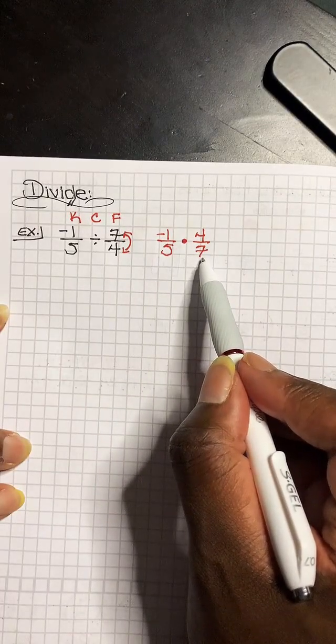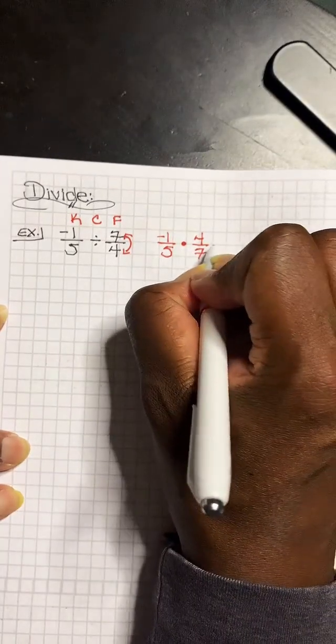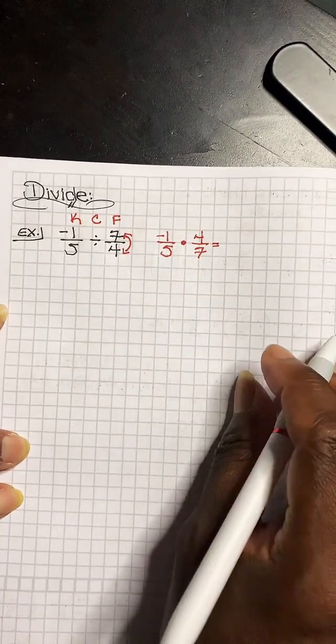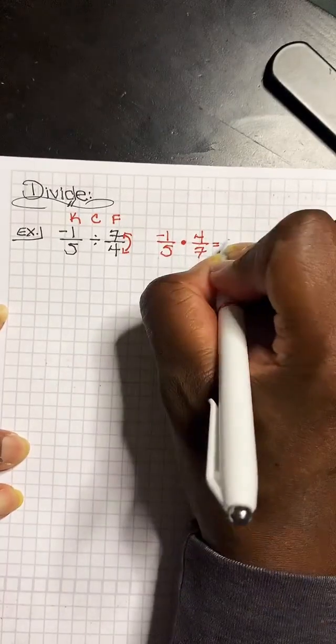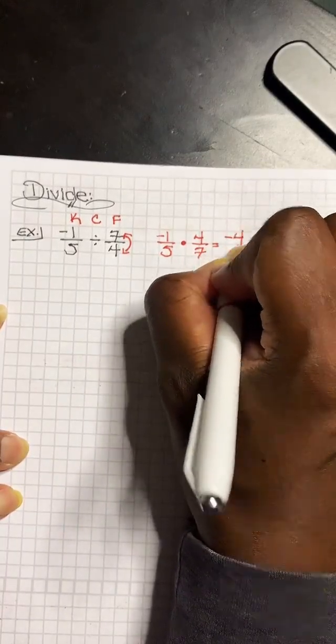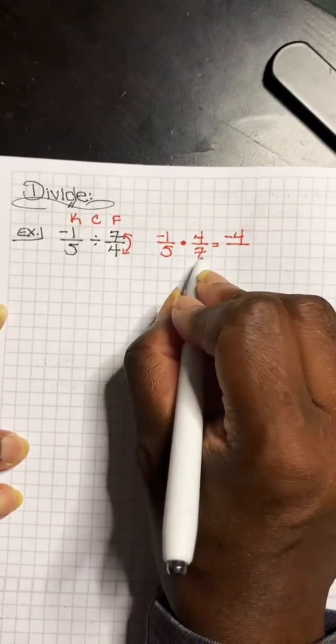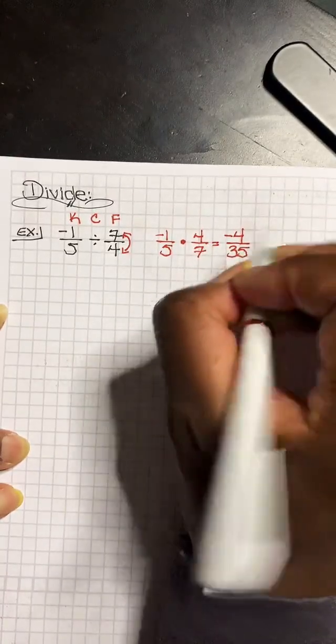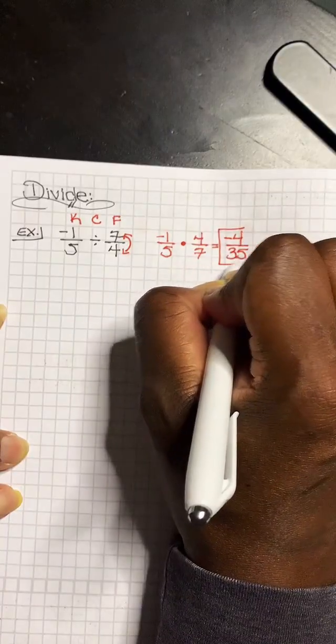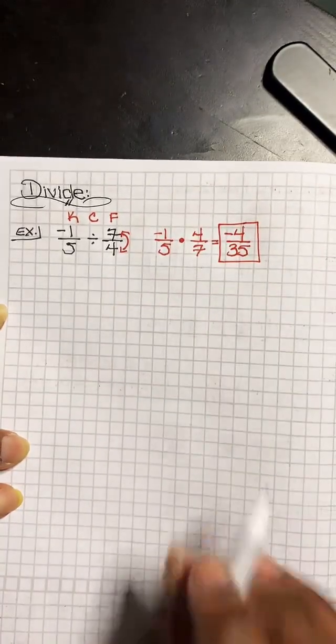We don't have anything that we can reduce. So now all I have to do is multiply straight across. -1 times 4 gives me -4, and 5 times 7 gives me 35. So my answer is -4/35.